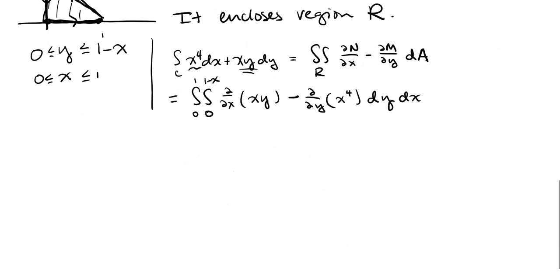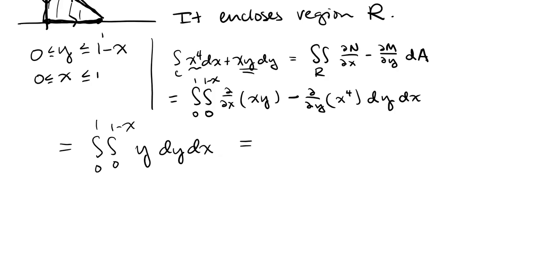Computing those partial derivatives, we get this integral. The first partial with respect to x is just y, and the second partial is 0, so this is y dy dx.